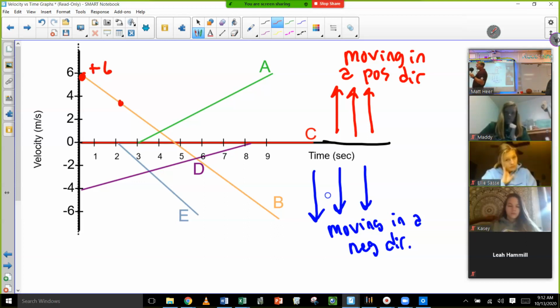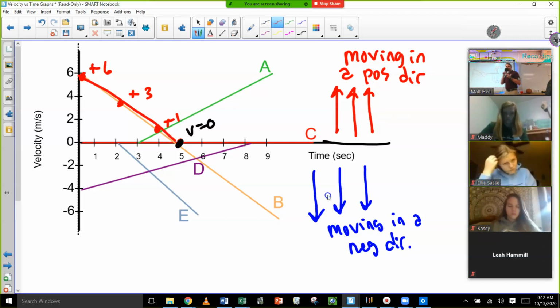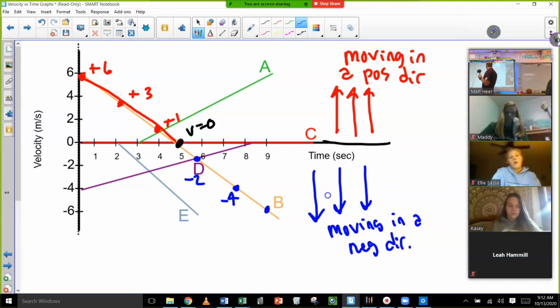I'm slowing down. And then I stop. So for this first half, I was moving forward. And then I stop. And then I start moving in the opposite direction. Now I'm moving at negative 2, negative 4, negative 6. I start moving in the negative direction.